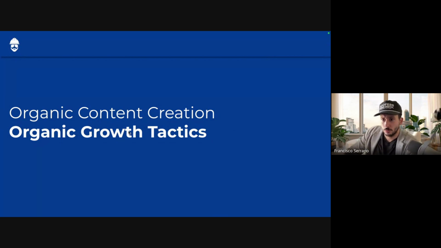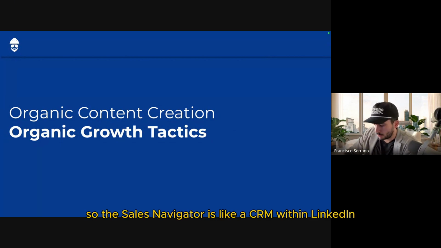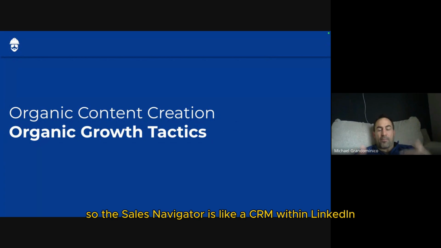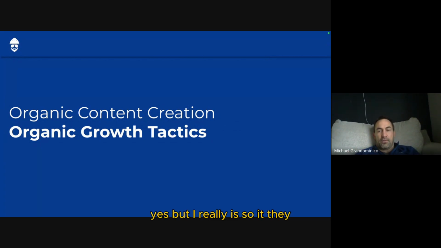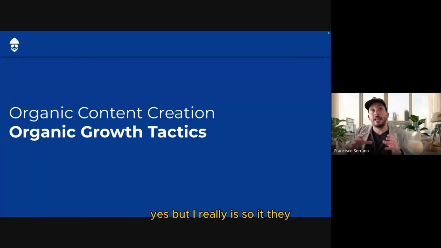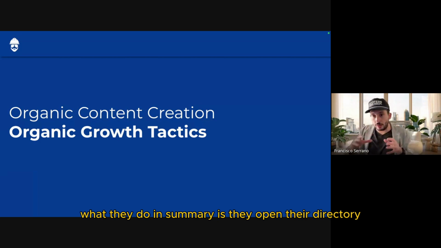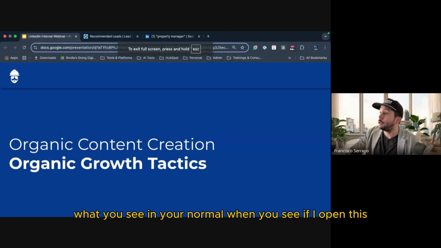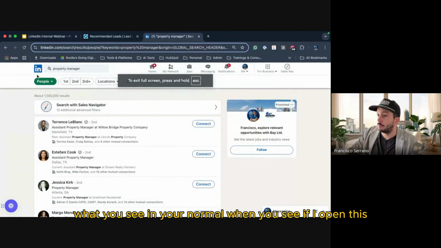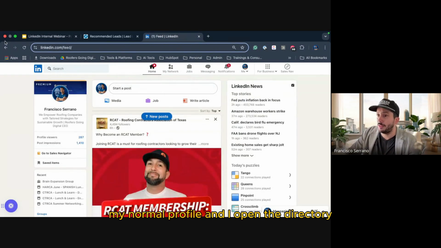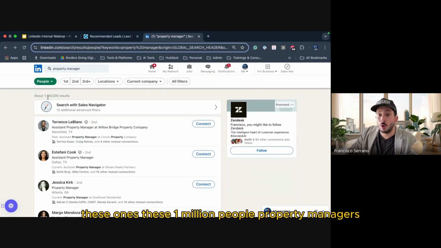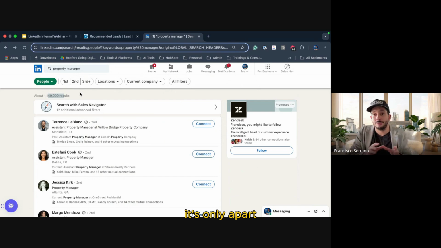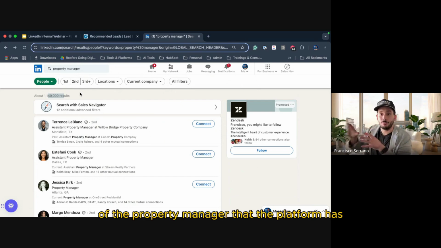So Sales Navigator is like a CRM within LinkedIn. What they do, in summary, is open their directory. For example, if I open my normal profile and open the directory, these 1 million property managers are only a part of the property managers that the platform has.